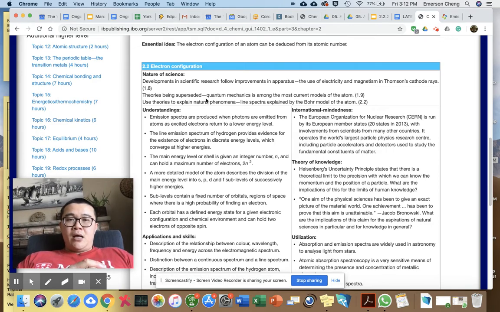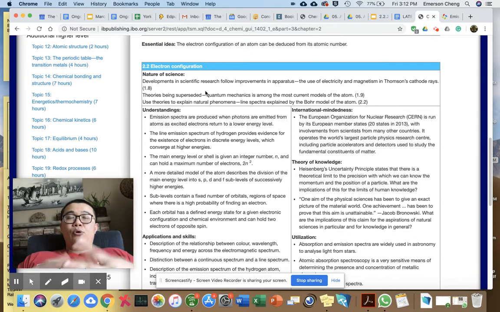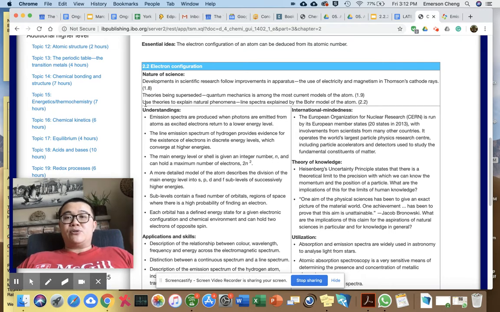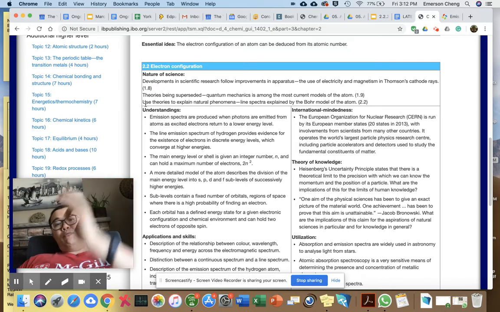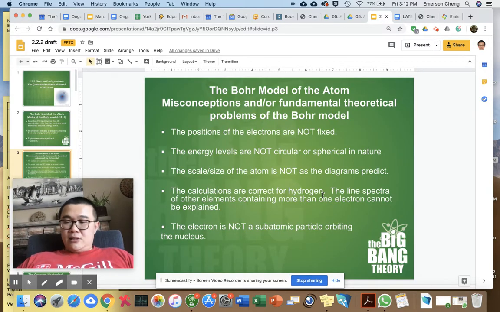Also, as you have better equipment and improved apparatus, you have more data to come up with new theories. The idea of building these models is to explain what we can observe, to explain natural phenomena. So let's get started.